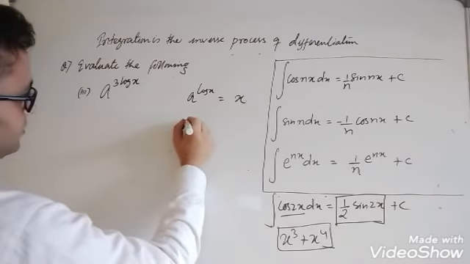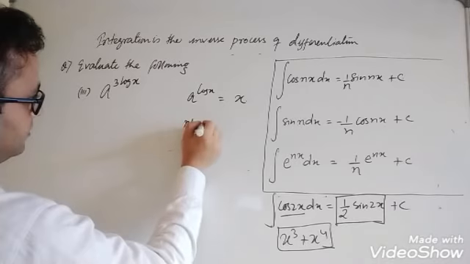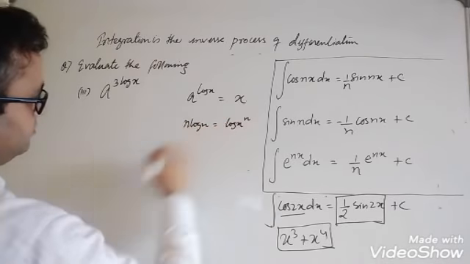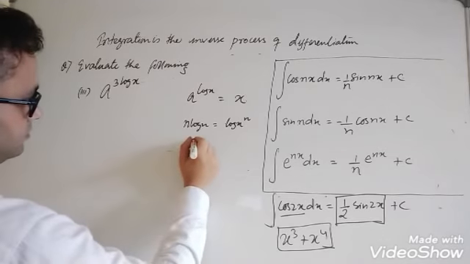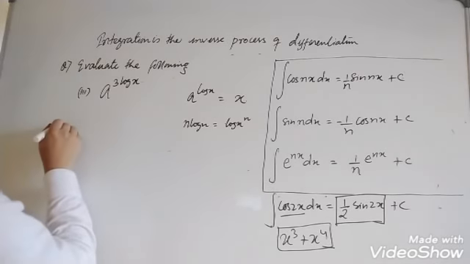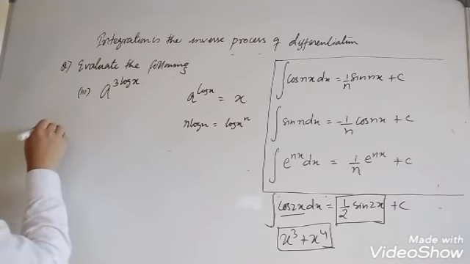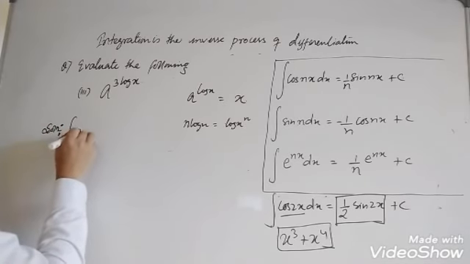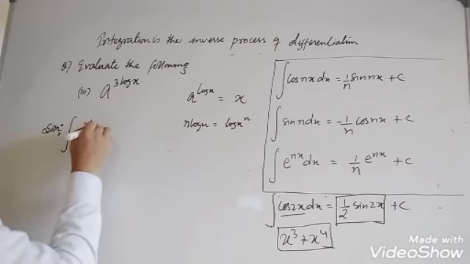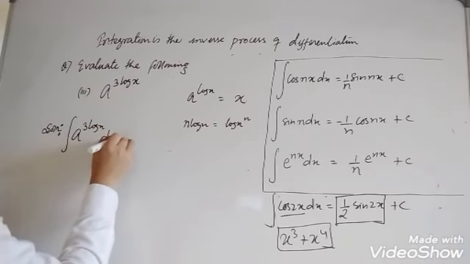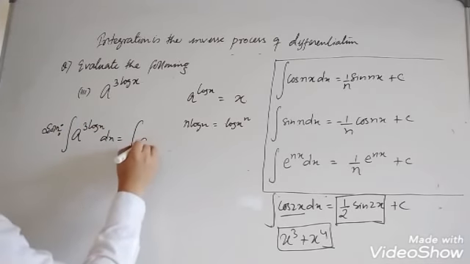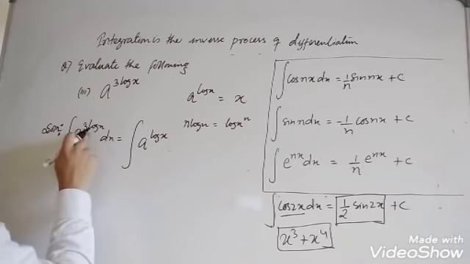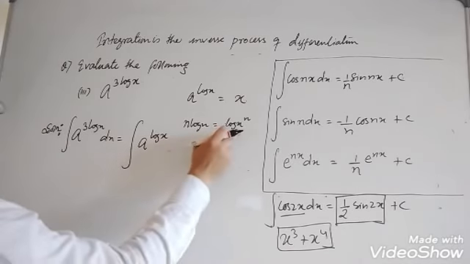So n log x equals log x to the power n. Here, in the solution, integration of a to the power 3 log x dx equals integration of a to the power log x to the power 3 dx, because n log x is log x to the power n.